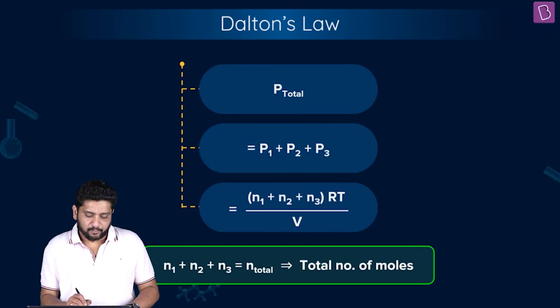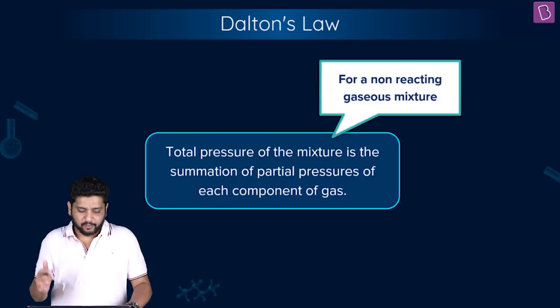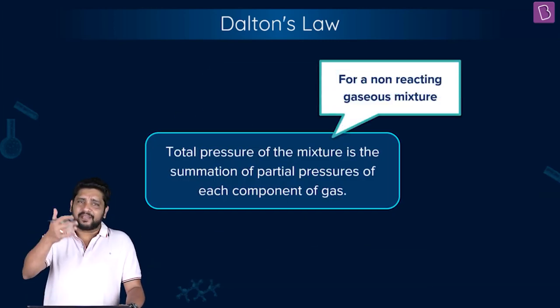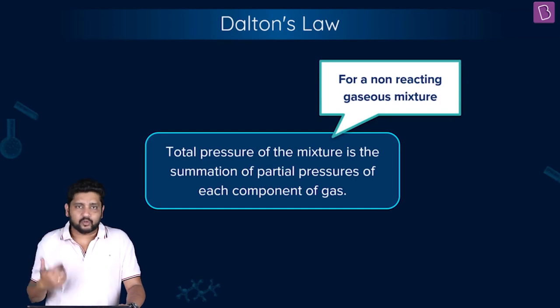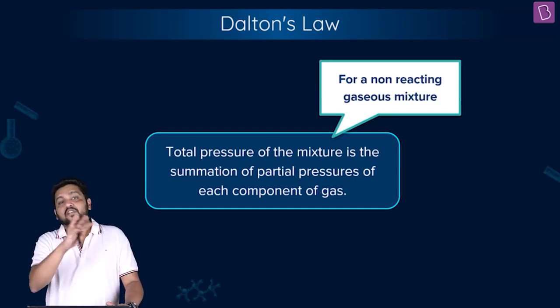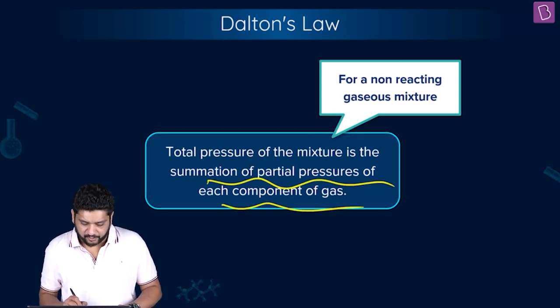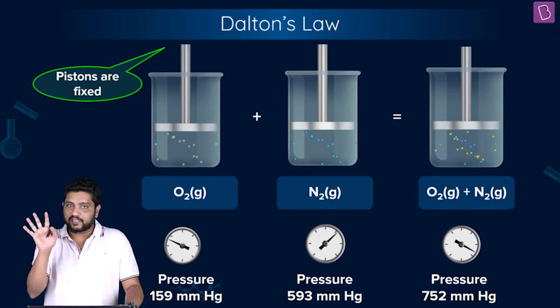So P total is P1 plus P2 plus P3, which is equal to this, and we can say that total number of moles is N1 plus N2 and so on. When we take P1 by P total or P2 by P total and so on, we will get N1 by N total, N2 by N total and so on, which means it is equal to mole fraction. So total pressure is sum of individual partial pressures of the component gases as long as they are non-reacting.